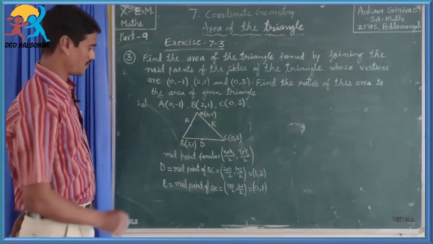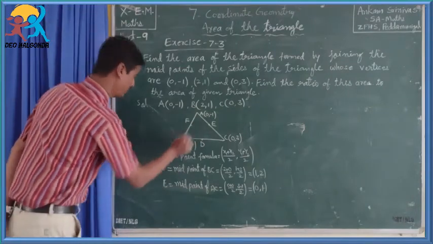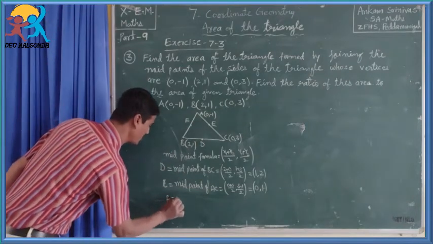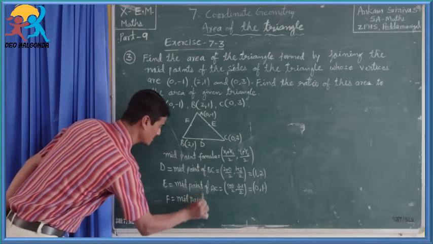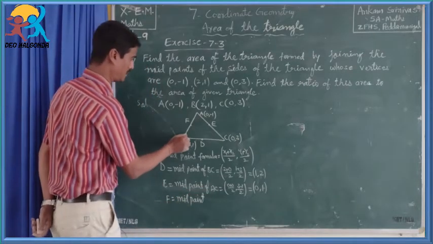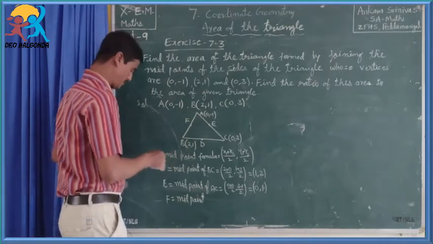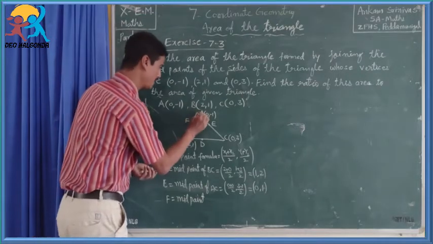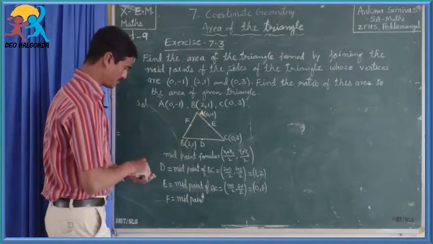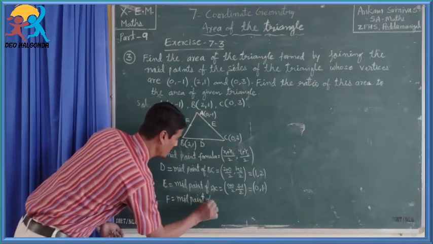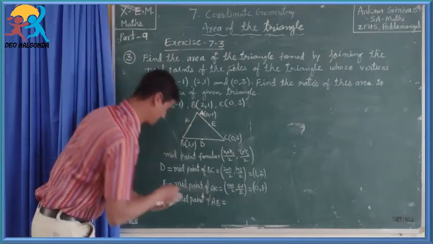And the third one, F. F equals the midpoint of A and B. This is the midpoint of AB.